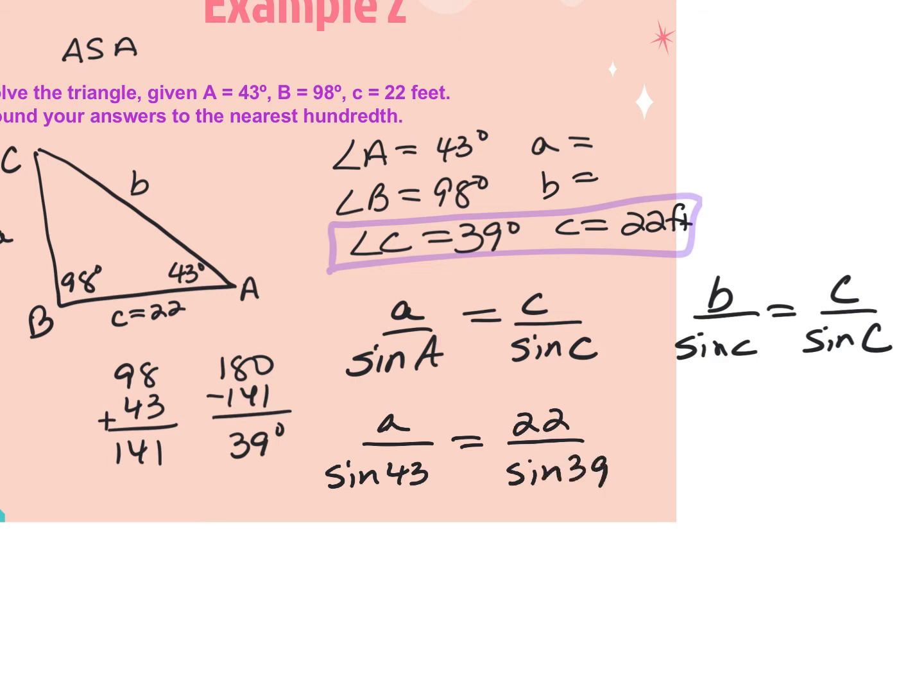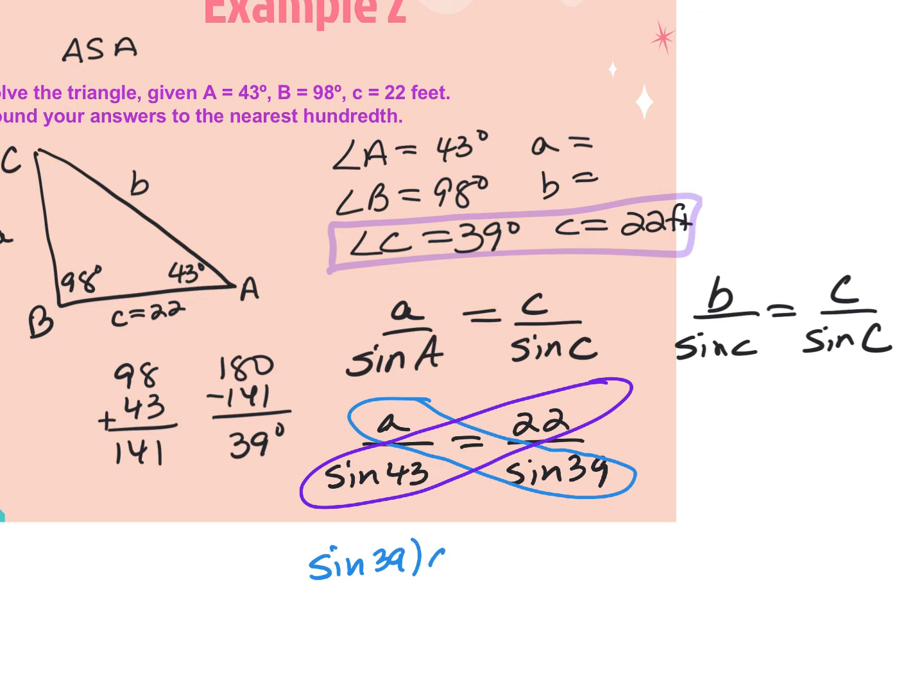Again, we're going to cross multiply. So A times the sine of 39, and then the sine of 43 times 22. So sine of 39 times A equals the sine of 43 times 22. It doesn't matter the order you write it down.